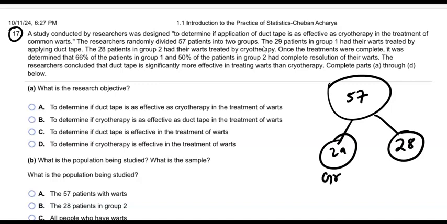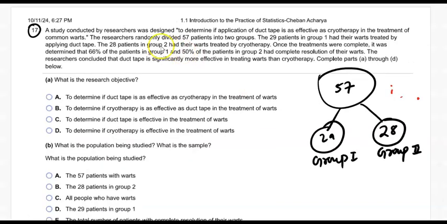So this is group 1, group 2. That's what they did. The 28 patients in group 2 use cryotherapy.